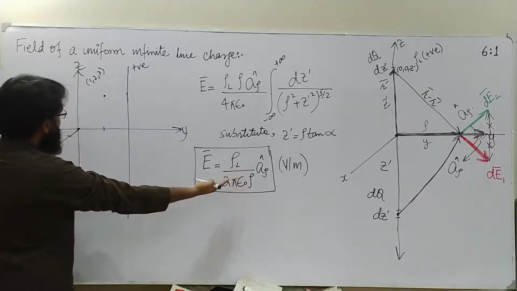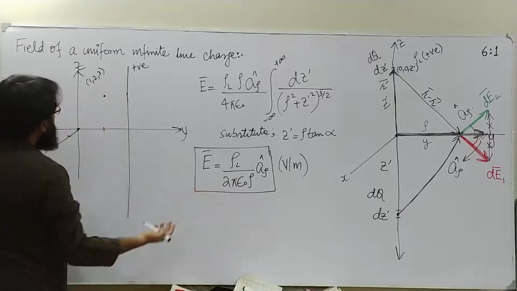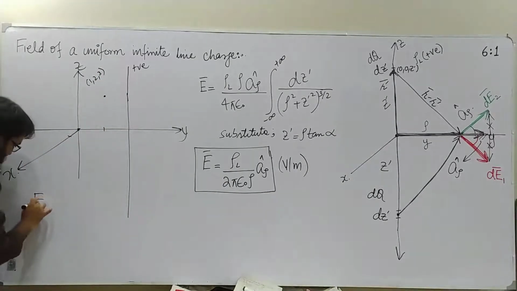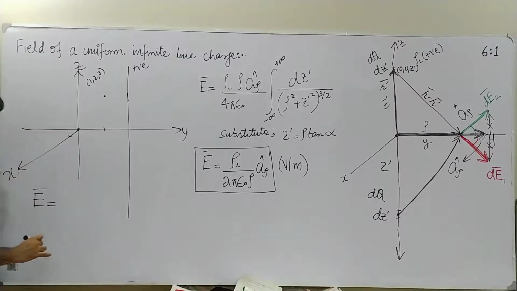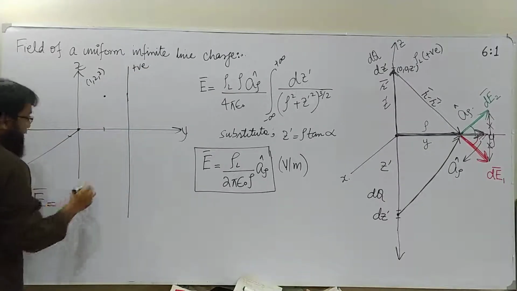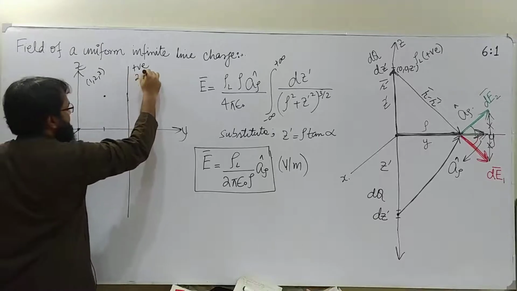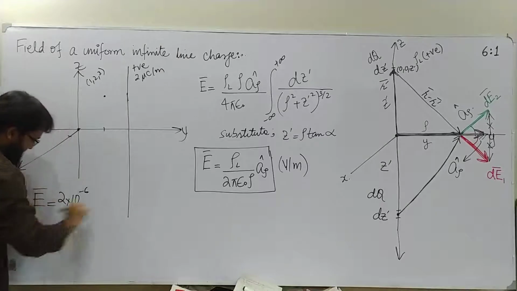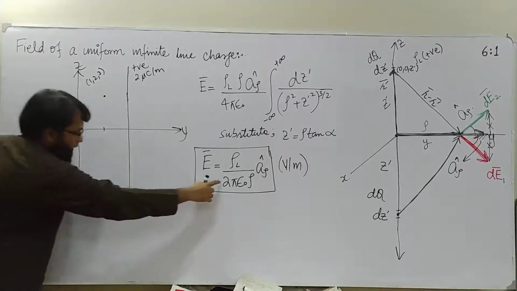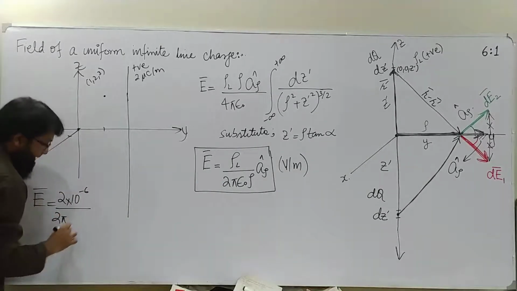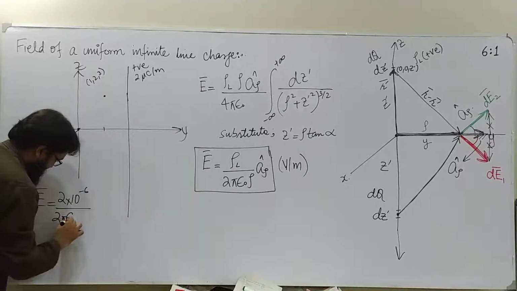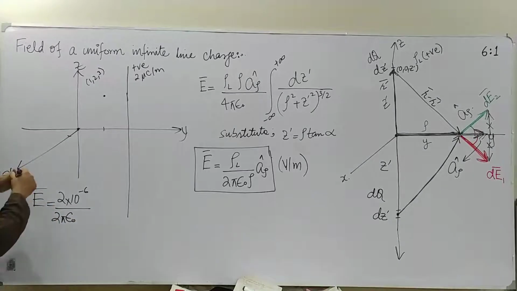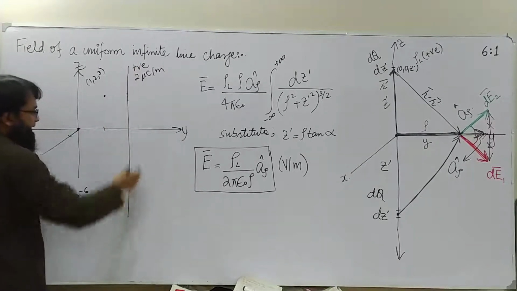Now this line charge is not on the z equals 0 plane. If we want to find the field, we just keep the value of the density, let's say it is 2 microcoulombs per meter, divided by 2 pi epsilon naught. Now you need rho. Rho is the perpendicular distance between the field point and this line charge.